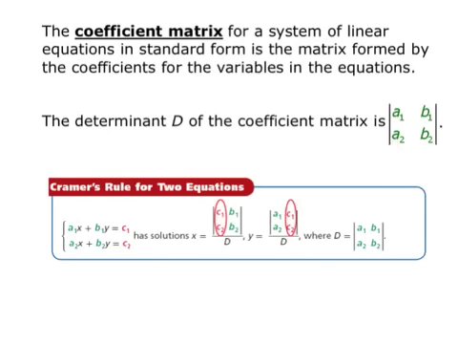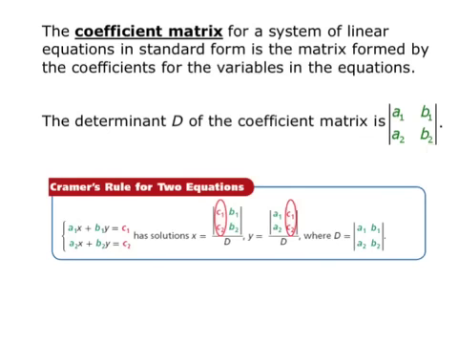So Cramer's rule for 2 equations gives us, we'll go over an example, it'll make much better sense. But if you see right here, I have a1, b1, a2, b2, and that's right up here where we find the determinant of the coefficient matrix.